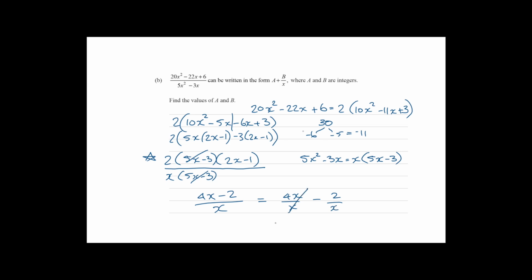They're going to cancel. So we have 4 minus 2 over x. And what does it say? A and B are integers. Yep. So A is 4. B is negative 2.